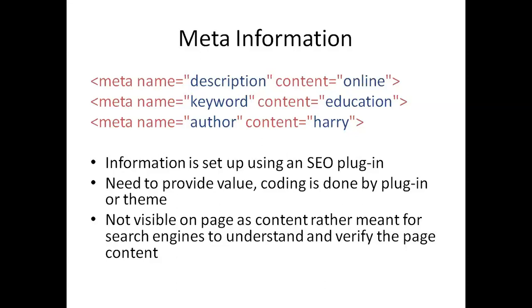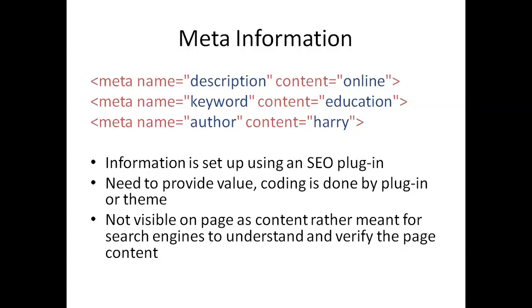Then we need to provide the value only. Coding is done by the plugin or the theme that you will use. But the information is basically used by search engines to understand and verify the page content. That is, suppose you have written the description, and within description you have written that you're talking about online education on this specific web page.